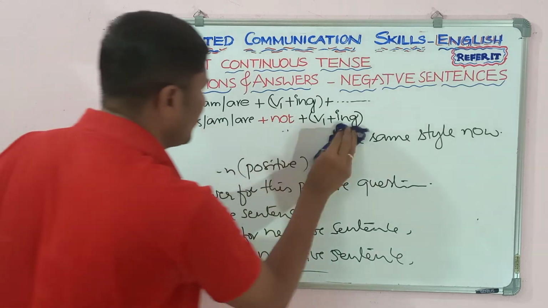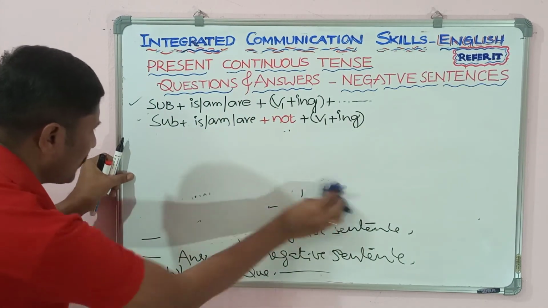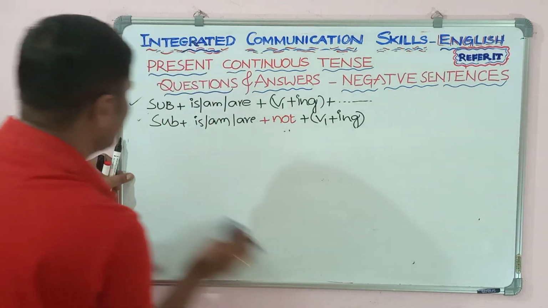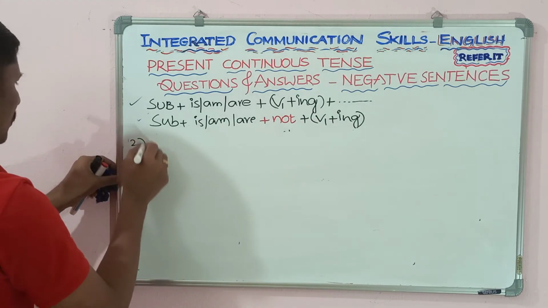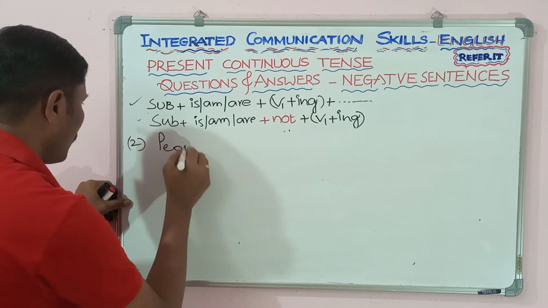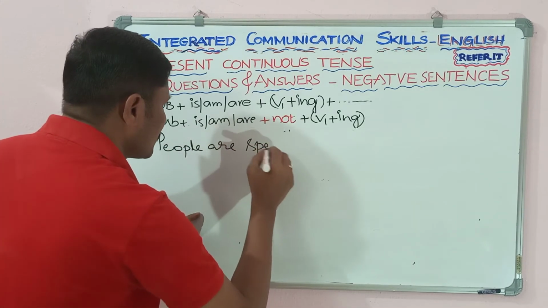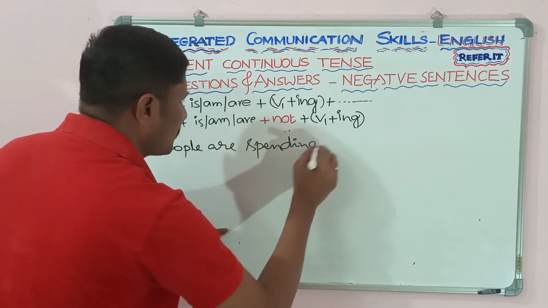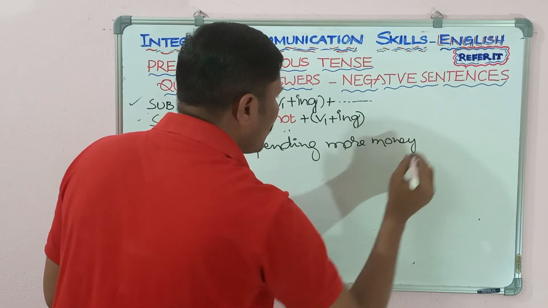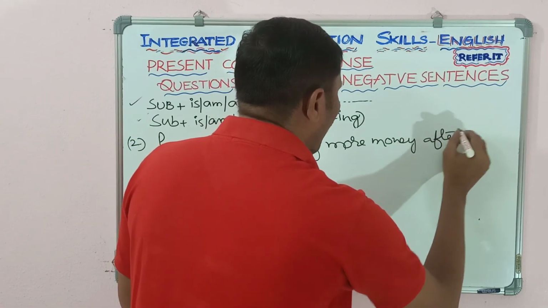Next sentence I am writing for homework. For each sentence you have to write 5 answers. Okay, next sentence: people are spending more money after pandemic.